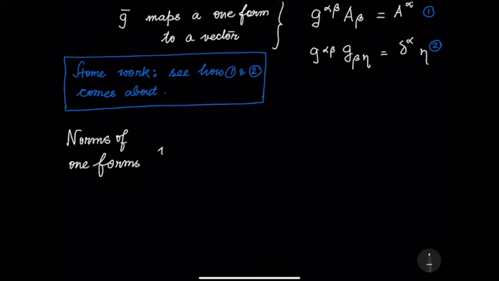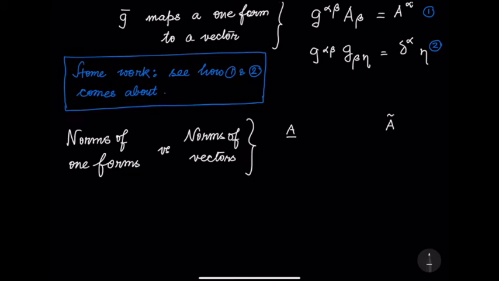So let's say versus norms of a vector. Okay, so let's say I have a vector A and the corresponding one form A tilde.